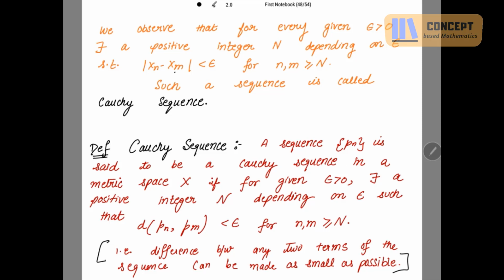A sequence Pn is said to be a Cauchy sequence in a metric space X if for given epsilon positive, there exists a positive integer n depending upon epsilon such that the distance between the terms of the sequence Pn, Pm is strictly less than epsilon for n, m greater than or equal to this positive integer n. That is, the difference between any two terms of the sequence can be made as small as possible. Right? Alright.